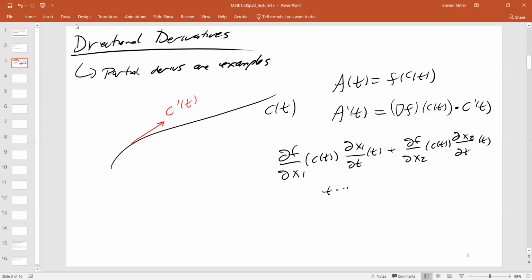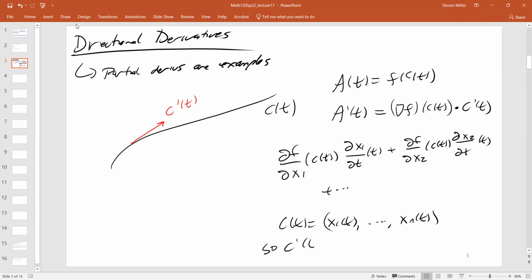And you can see the dot product now coming from the chain rule. The first component is the gradient of f. The second component is c prime of t, where c of t is just x1 of t through xn of t.